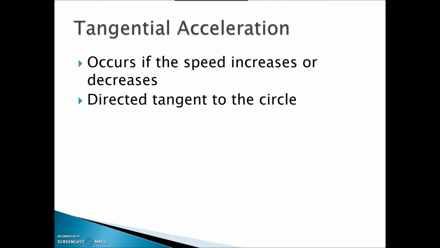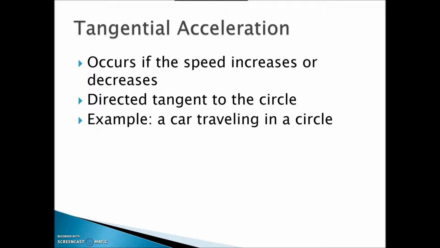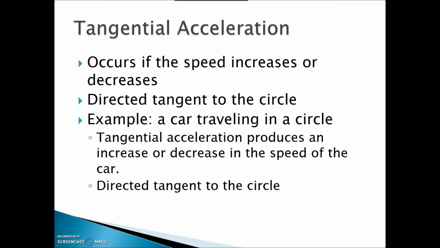It's tangent to the circle, hence tangential acceleration. This is the normal acceleration vector that you're used to working with. So if we have a car traveling in a circle, the tangential acceleration will cause the car to either speed up or slow down.